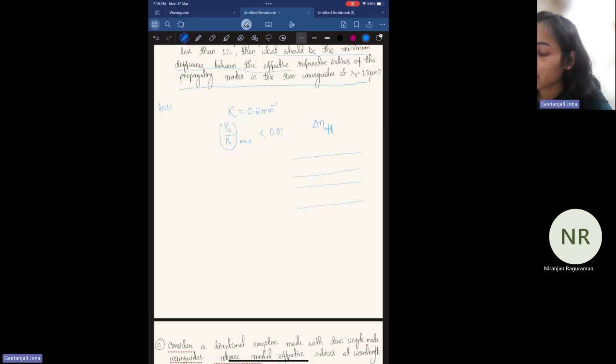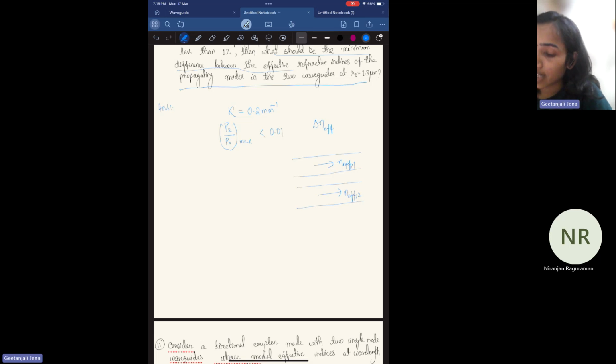So in a directional coupler, there are two waveguides. Let's say the propagating mode in this waveguide has an effective refractive index. Whichever mode is propagating, they have a certain value of effective refractive index. So for this one, this is N effective 1, and for this one, N effective 2. So these two have two different refractive indices.